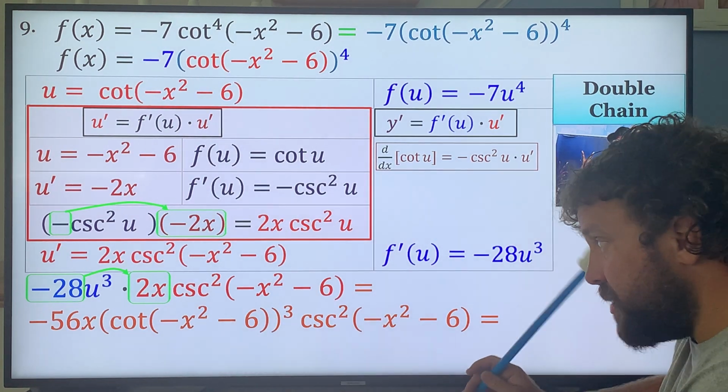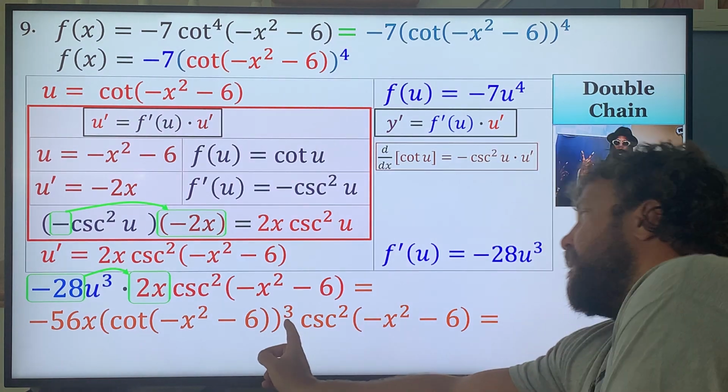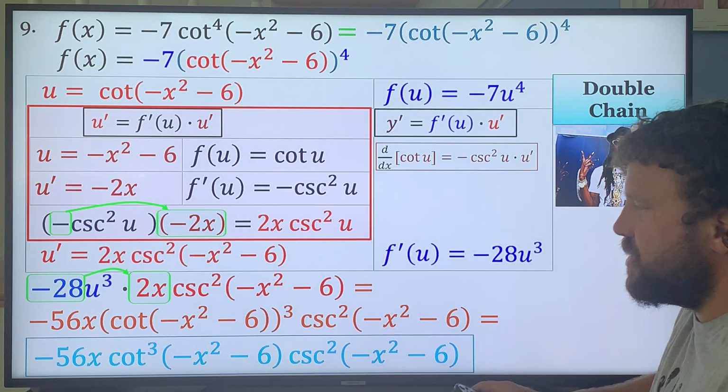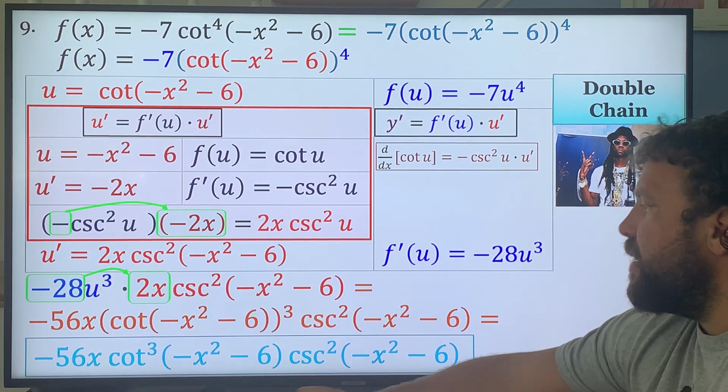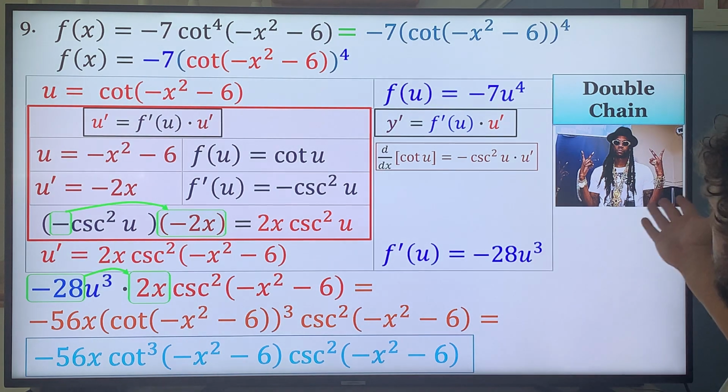And the last step here, this is technically right, this is okay. You're just going to take this 3, and where do you put it? Next to the cotangent. So it's negative 56x cotangent cubed of negative x squared minus 6, cosecant squared of negative x squared minus 6. Look at that. Math with letters, numbers, signs, two chains.